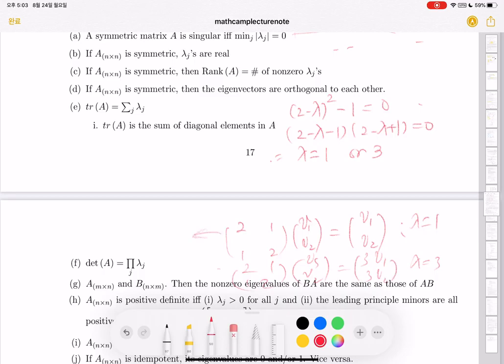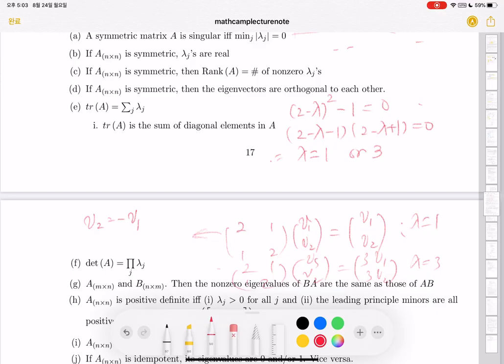From this, we get 2 v1 plus v2 is v1, and v1 plus 2 v2 is v2. So you get v2 equals minus v1, right? So v1, v2 has to satisfy this one.